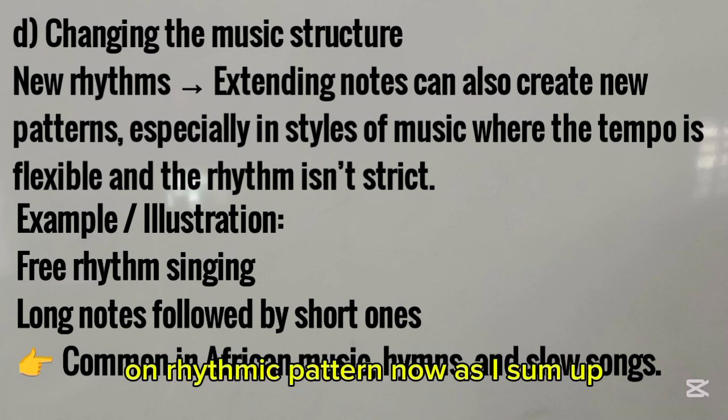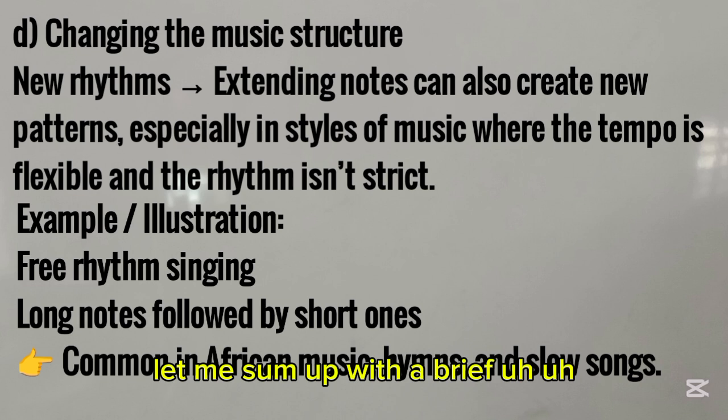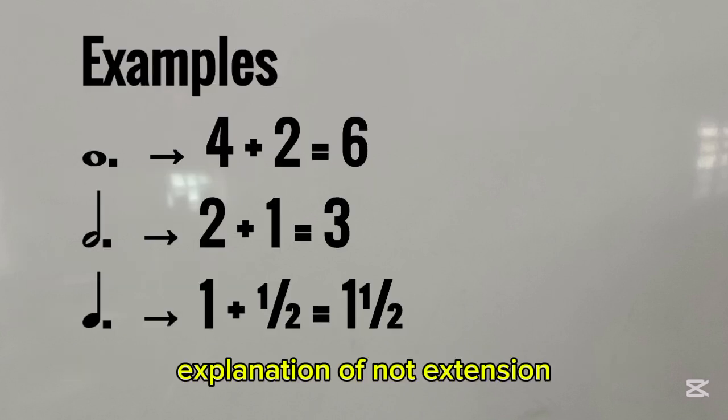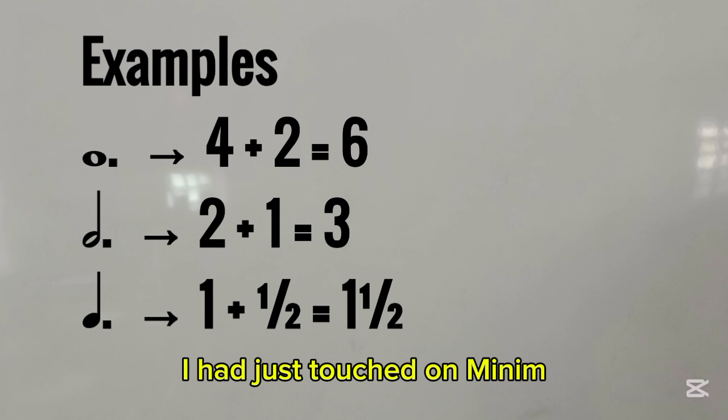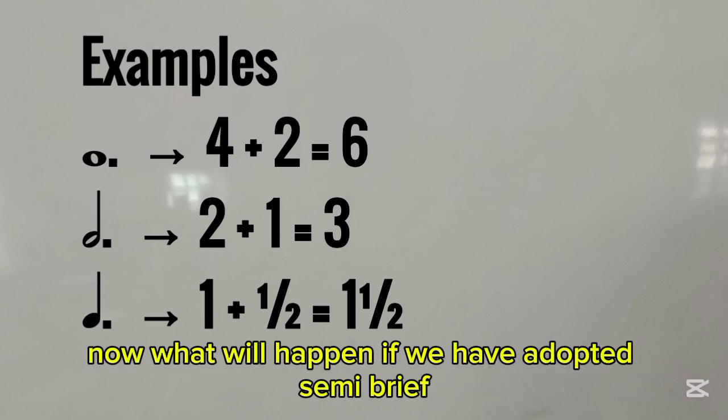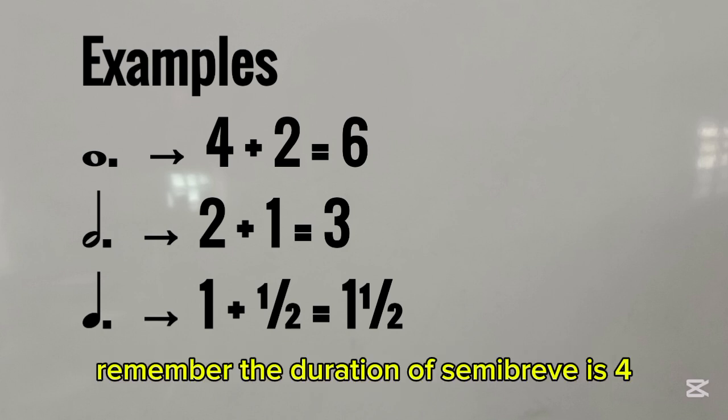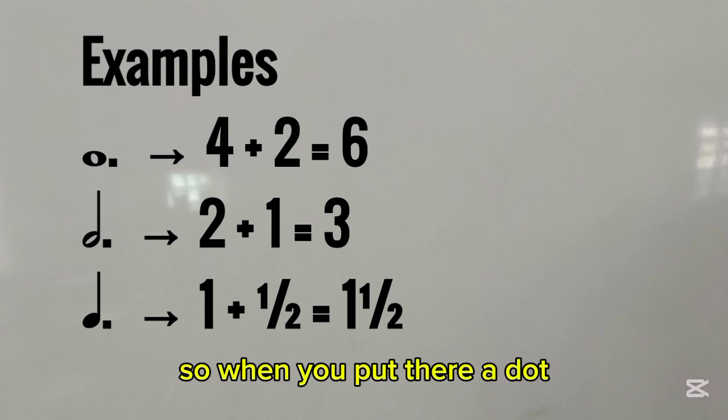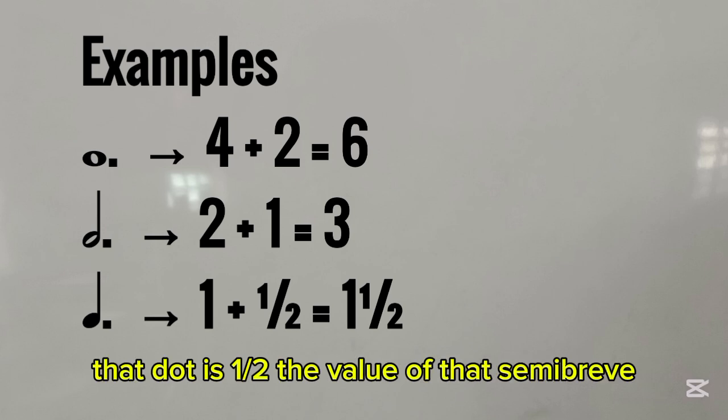Now, let me sum up with a brief explanation of note extension. I had just touched on the meaning. What will happen if we have a dotted semibreve? Remember, the duration of a semibreve is 4. When you put a dot there, that dot is half the value of that semibreve.